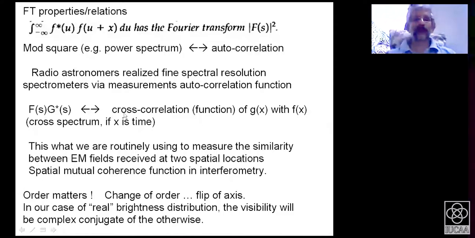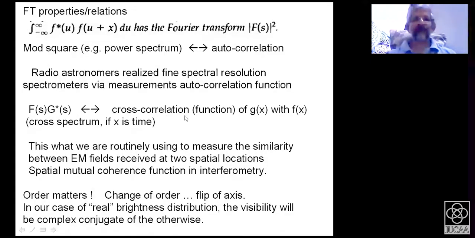You can also compute cross-correlation function, which is what we'll be doing routinely in the context of interferometry, where signals received at the locations of the two telescopes or apertures are going to be compared with each other. And when we do that in time, that cross-correlation function can be measured with different shifts to find out similarities with different shifts.